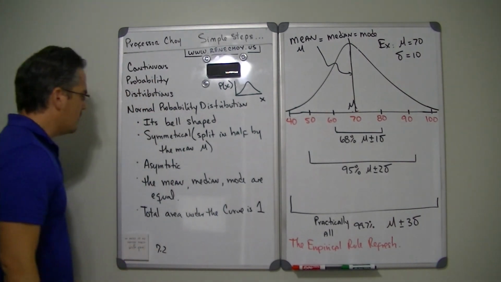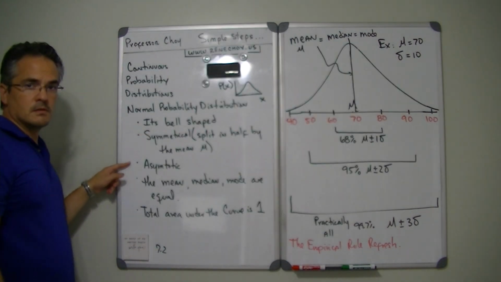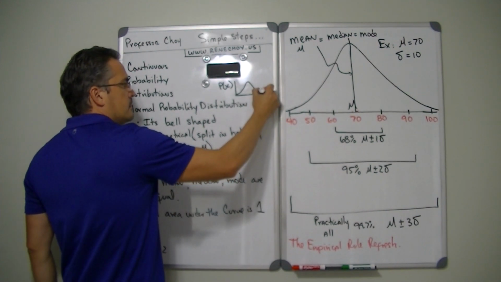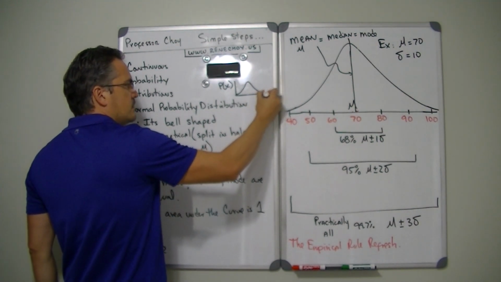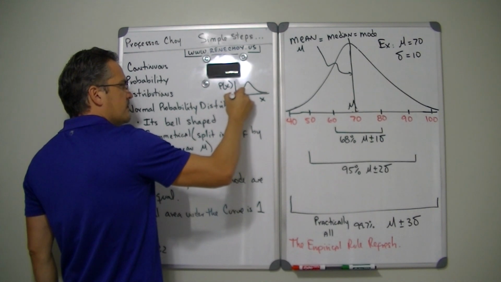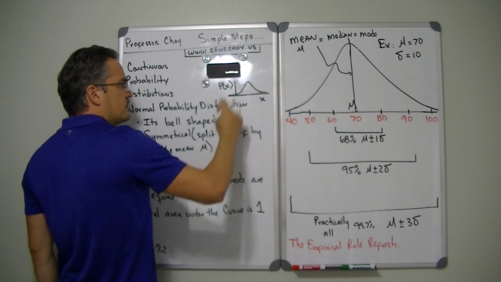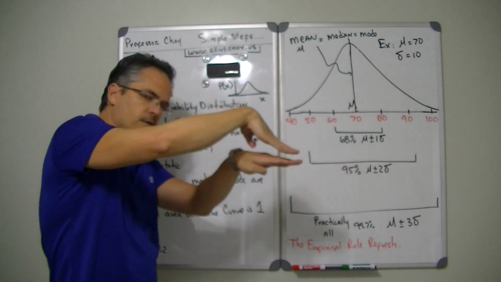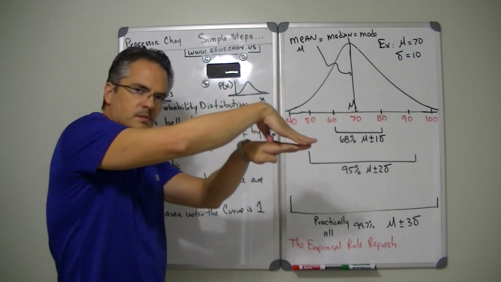Alright? Now, it is also asymptotic. What that basically means is that when we're going towards the end, it never really reaches zero, but it approaches ever so slightly to that zero. Alright? So it's kind of like it gets there, gets there, gets there, but it never really touches that zero. It just keeps getting closer and closer.